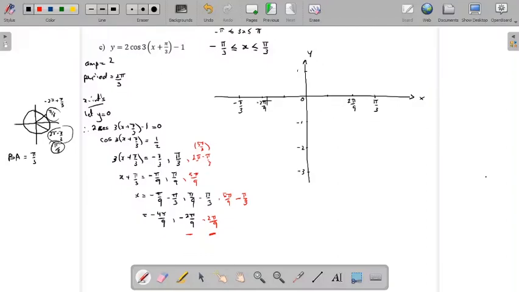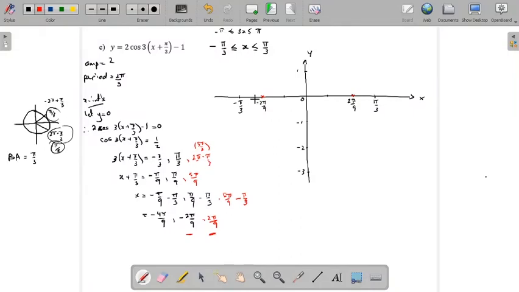Okay, so that's where our x-intercepts will be, here and here. Okay, so we know this is in thirds, right? 1 pi over 9, 2 pi over 9, 3 pi over 9. All right, so it really helps if you know how to work with fractions when you're doing your graphing of trig functions.